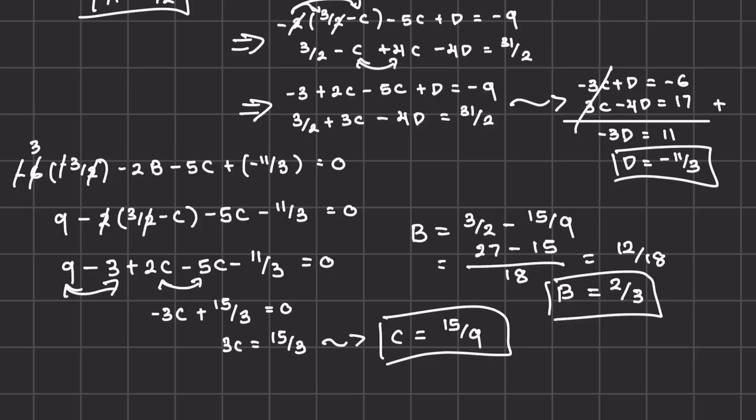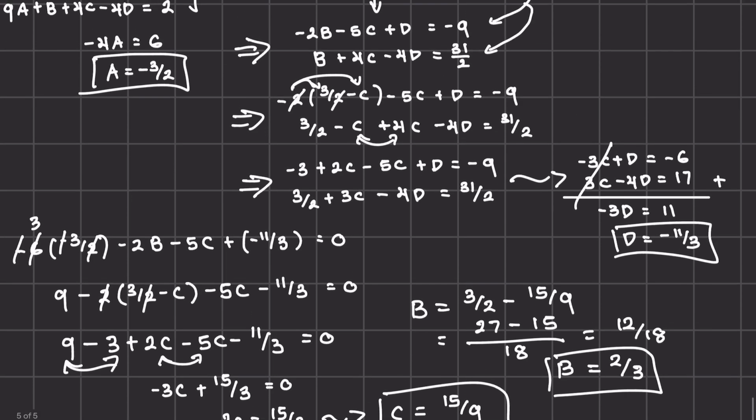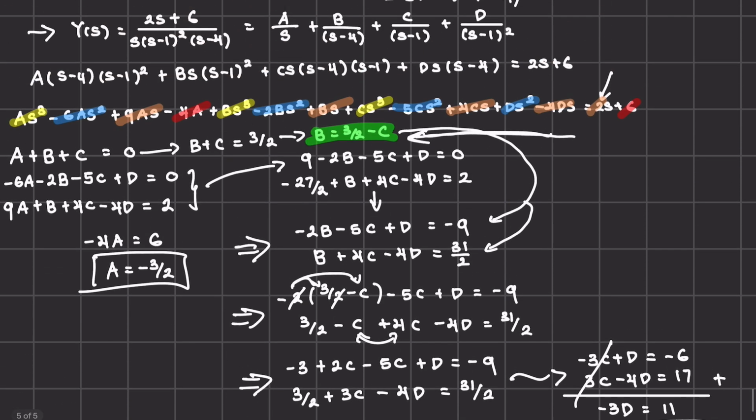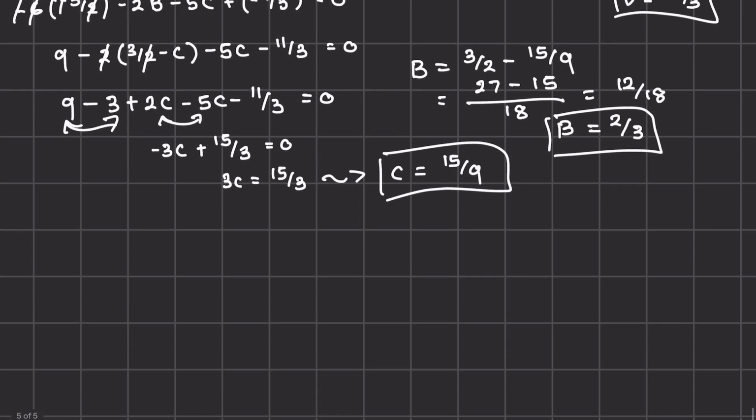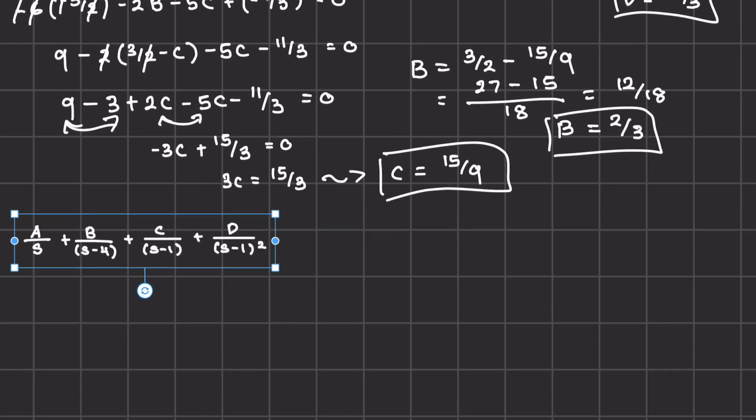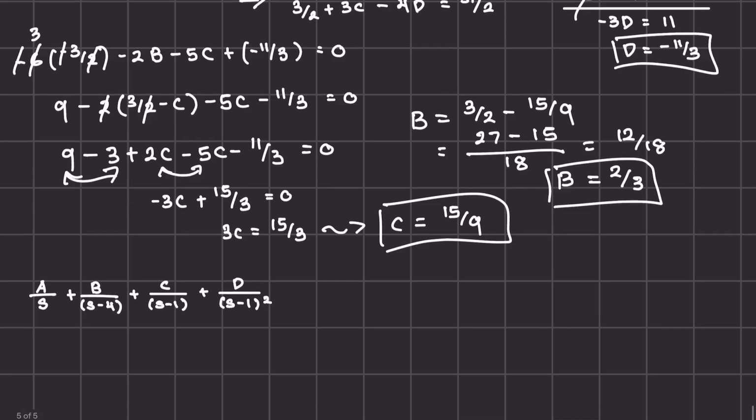We have A, we have B, we have C, we have D. Now let's sub in all of our terms, our A, B, C, D, into the partial fraction that we started with. So let's copy this down below so we can see what we started with, the partial fraction that we composed.